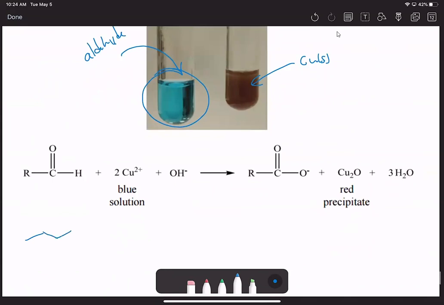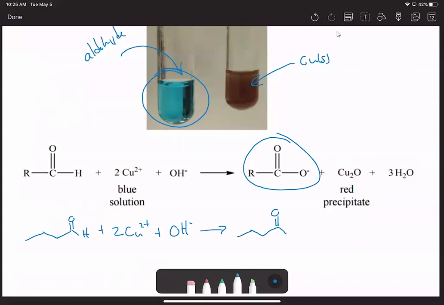So let's get our aldehyde again. So there's butanal, plus we're going to get our Benedict's reagent here, plus some base, and we get again this carboxylic anion. Here's my aldehyde. I don't lose any carbons.